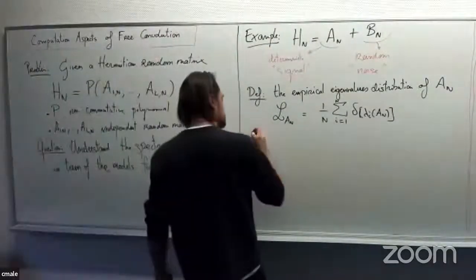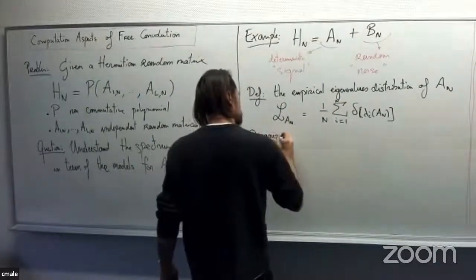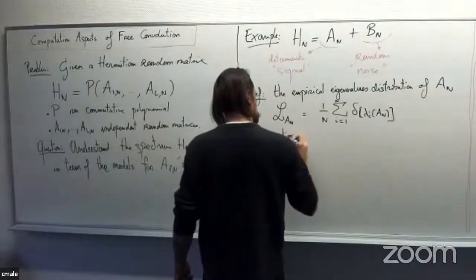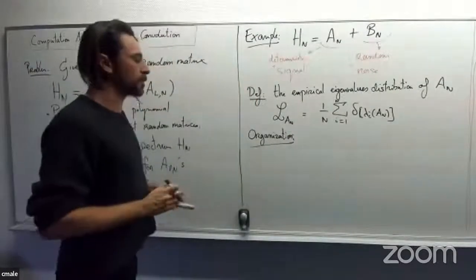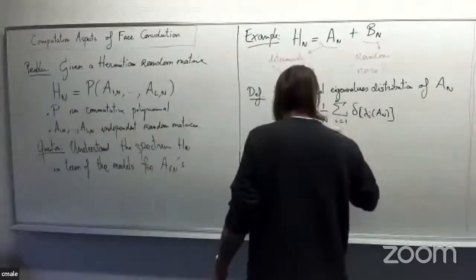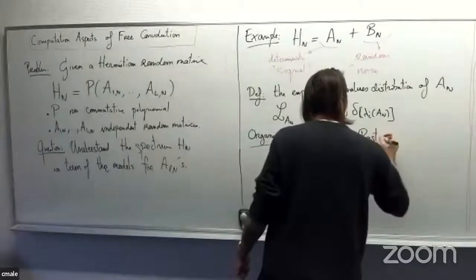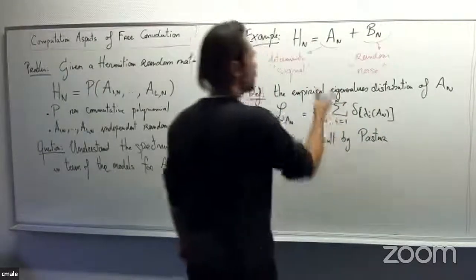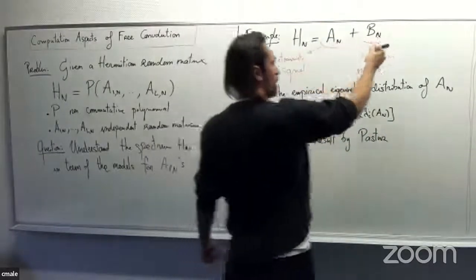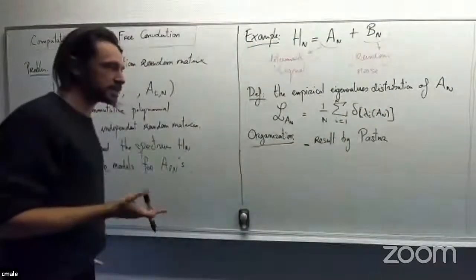So here is the organization of the talk. I will first talk about a result by Pastur, which is about one case where for the random model, we have specified a matrix with IID entries.